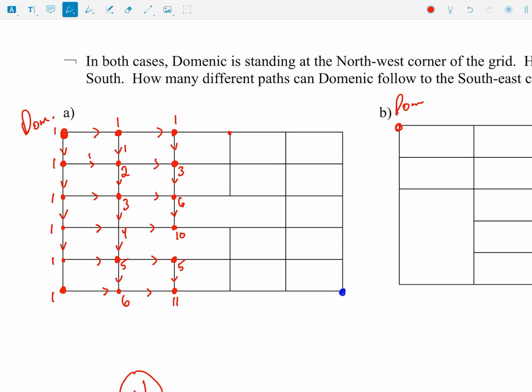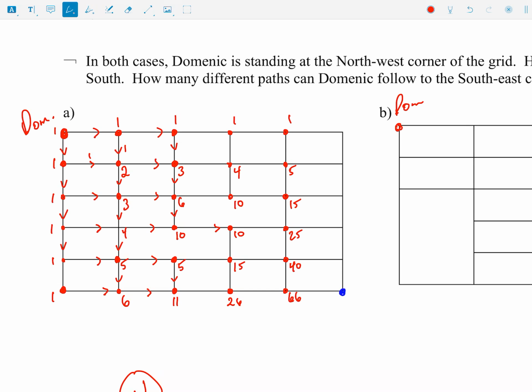All right, I'm going to fill this in a little quicker now. So we got 1, 4, 10. Again, you can't come down here. So it's just across. 10. Down or across. 15. 26. Next one. 1. 5. 15. 25. 40.